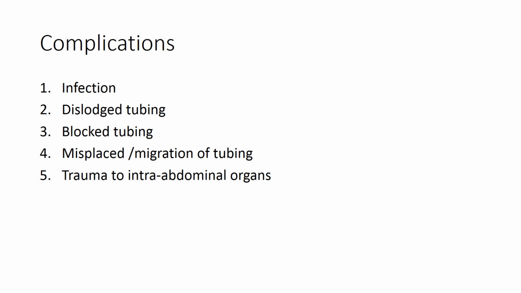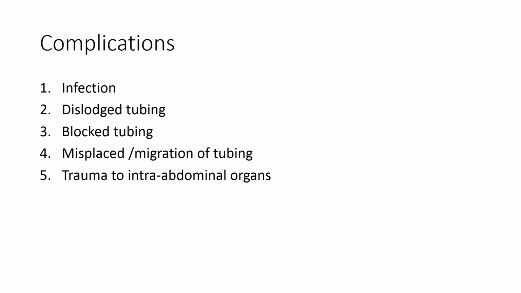It may be difficult for them to keep still, and so the tubing may be yanked out of the abdomen. You don't want this to happen in the initial 48 hours when the patient has metabolic derangement. So for us, we tape down the tubing so that even if the patient moves unexpectedly, the tube remains secure.